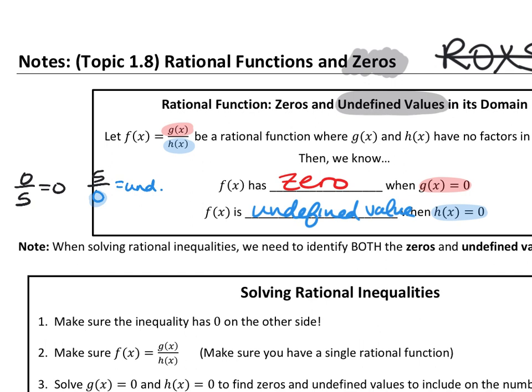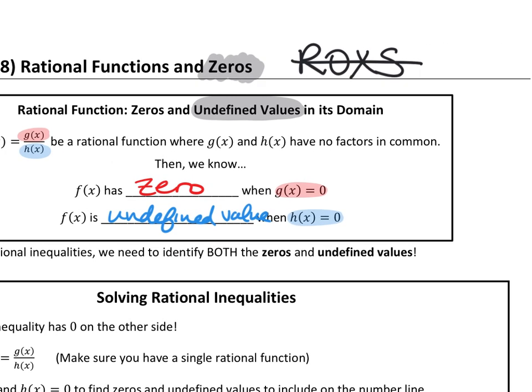So we have to watch out for those with rational functions because potentially they could have, as a preview, a vertical asymptote or a hole in the graph at those values where it's undefined. But the thing I want you to write down is, number 1, that a zero is the same thing as an x-intercept, so you should be able to check your work today on a graph to make sure that the graph actually crosses the x-axis at the values you say it does.